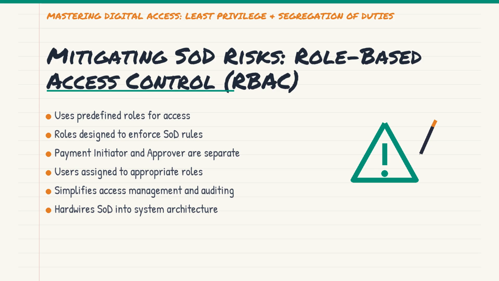The magic here is that you design these roles to inherently enforce SOD. For example, the payment initiator role and the payment approver role would be mutually exclusive. No single user could be assigned both. This simplifies management and hardwires SOD into your system's design. It's like having job descriptions for digital access.